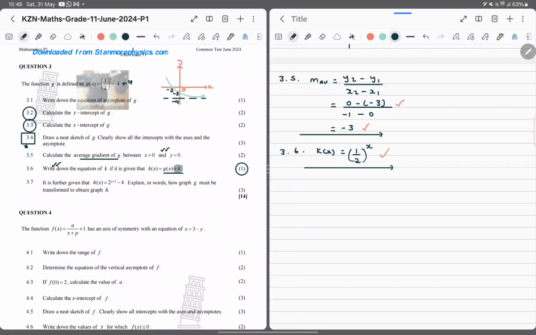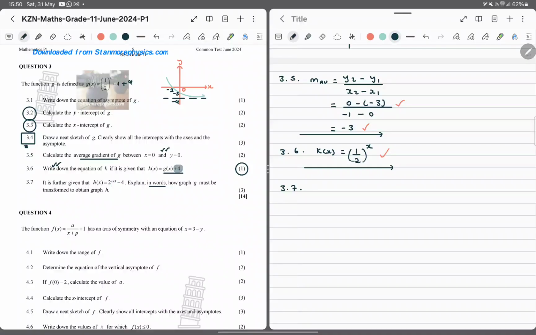Okay. Now we go on to 3.7. If it is further given that h of x is equal to 2 to the exponent x plus 3, minus 4, explain in words how graph g must be transformed to obtain the graph of h. Interesting.